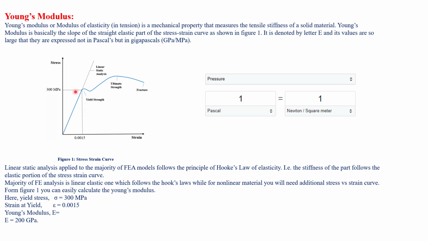In this case, first the yield stress is 300 megapascal, and the strain is this much. So what is the Young's modulus? Young's modulus is equal to stress by strain. So you put it here, and this becomes 200 gigapascal.